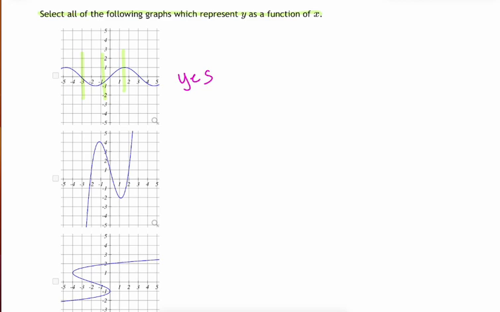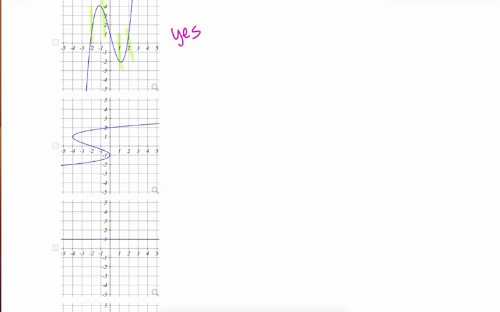Our next one here, we'll do these top three. Yes, that's a function. The problem with this one here is this section right here, there are multiple points that line up vertically, so that's not a function.